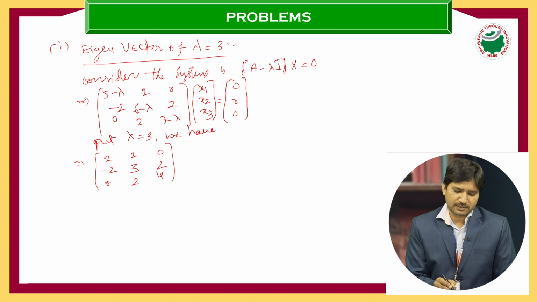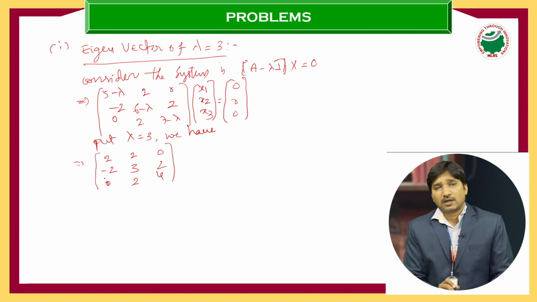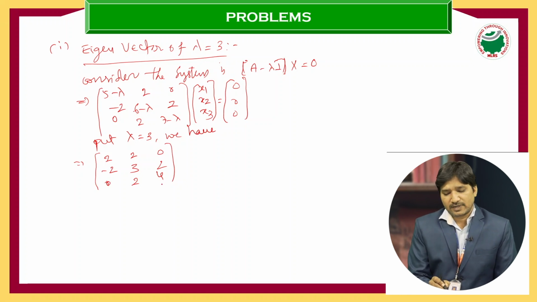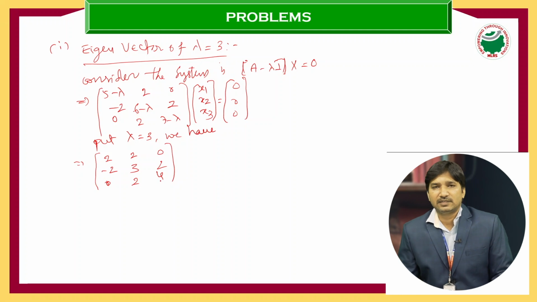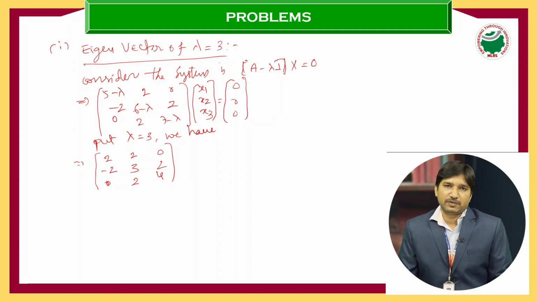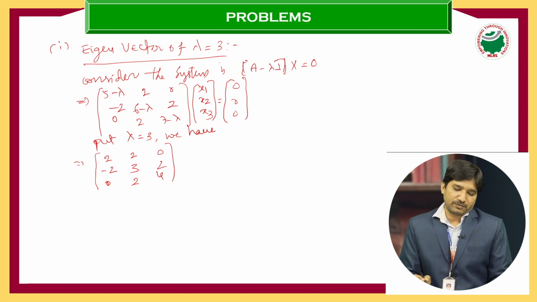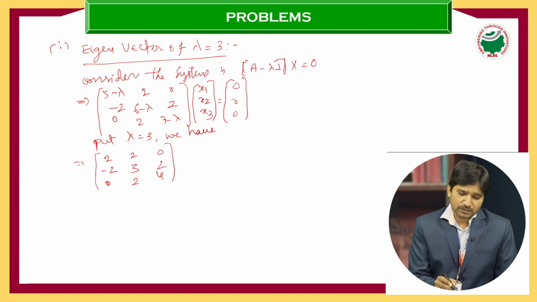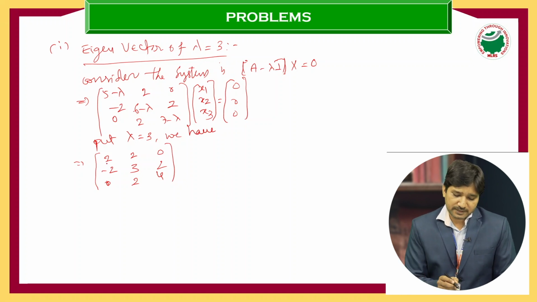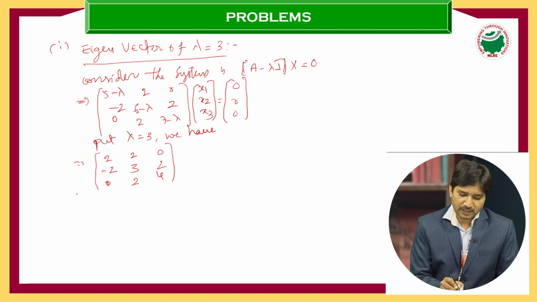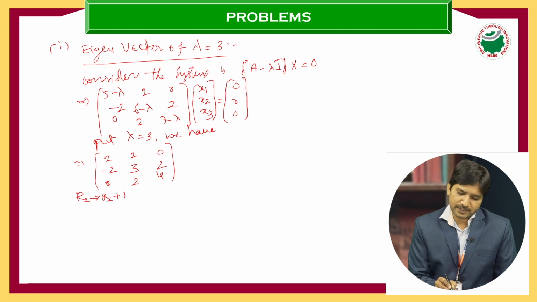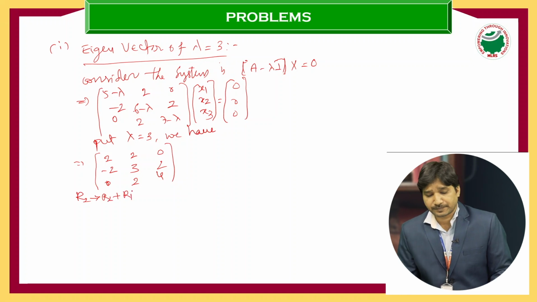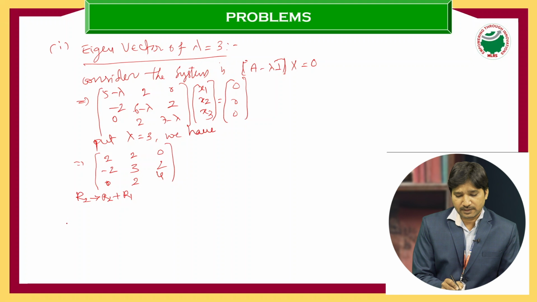In echelon form, the values below the diagonal will be 0. Now, using row transformation, R2 becomes R2 plus R1.